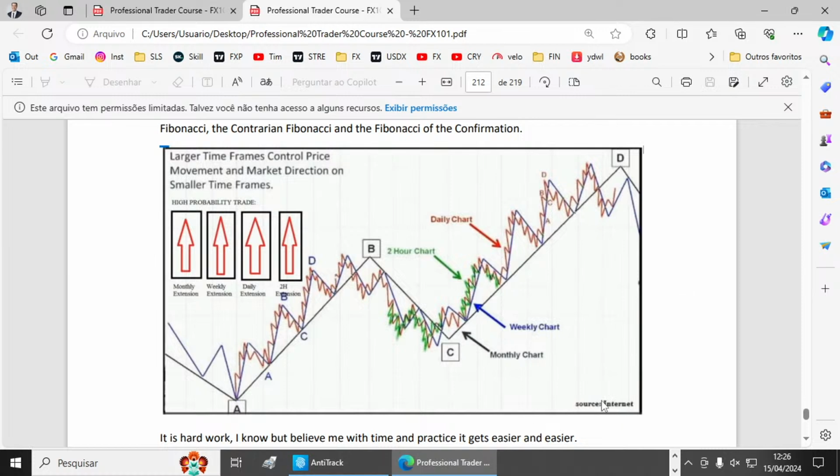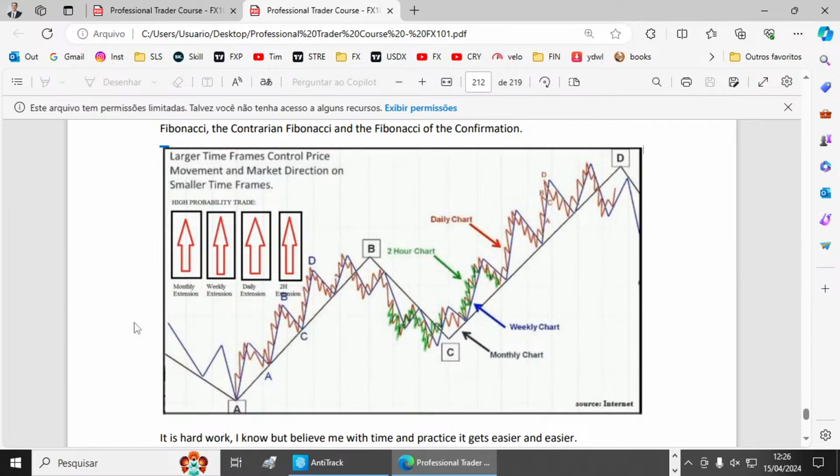This is not mine, it's from the internet. This is the picture that explains that larger time frame controls price movement and market direction on the smaller time frames. So the highest probability trade example is where the monthly, the black one, is in an extension.